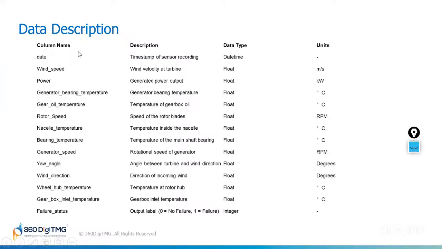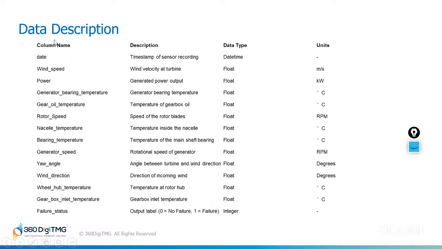So this was our data type. This was our data description. These are all the columns and the descriptions and the units for each data type. Here, as you can see, the failure status is our output label or target variable, which is failure or no failure.